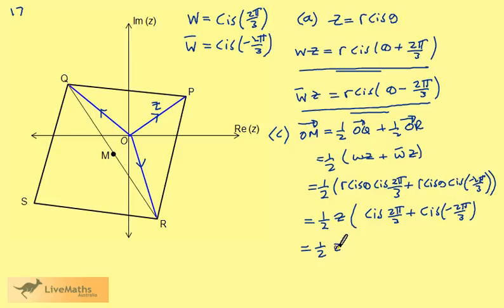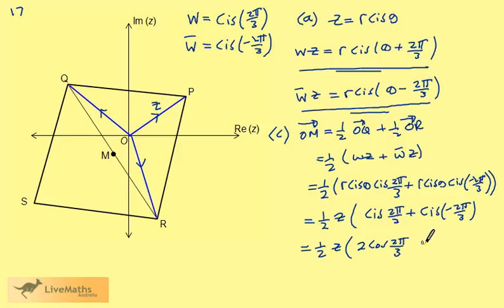So that's a half Z. This is cos 2 pi by 3 plus i sine 2 pi by 3. Then we have cos negative 2 pi by 3 plus i sine negative 2 pi by 3. We know that cosine is an even function, so cos 2 pi by 3 is the same as cos of negative 2 pi by 3, so that's 2 cos 2 pi by 3.